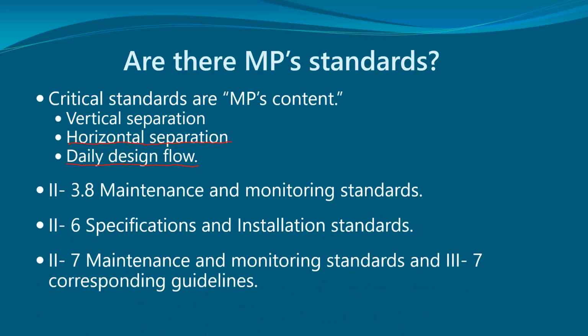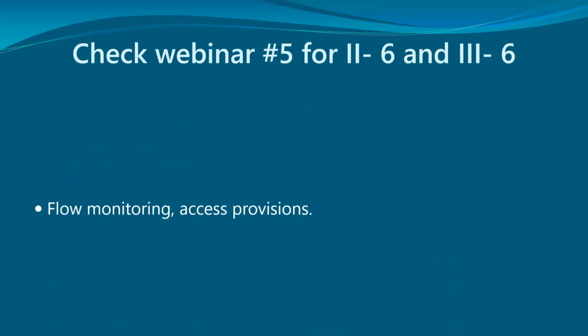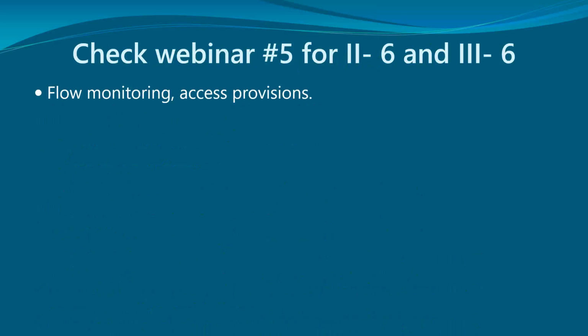So in 2.7 we have the standards, in 3.7 or 3-7 we have the corresponding guidelines, and those are maintenance provider standards. So again, check webinar number 5 for 2.6 and 3.6, which dealt with, so that's in the specs and installation part, not the maintenance part. Section 6 is specs and installation. And that's where we get flow monitoring, access provisions, effluent filters, all kinds of other things.